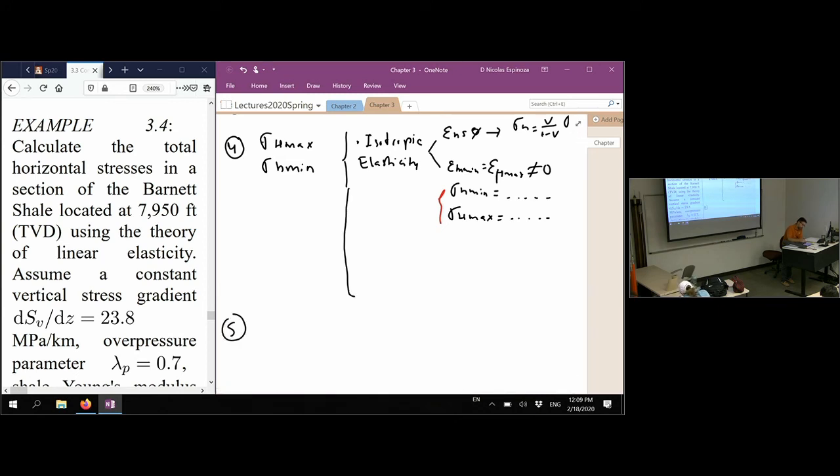The last step is going to be to calculate the total stresses, which are just the effective stresses plus the pore pressure.